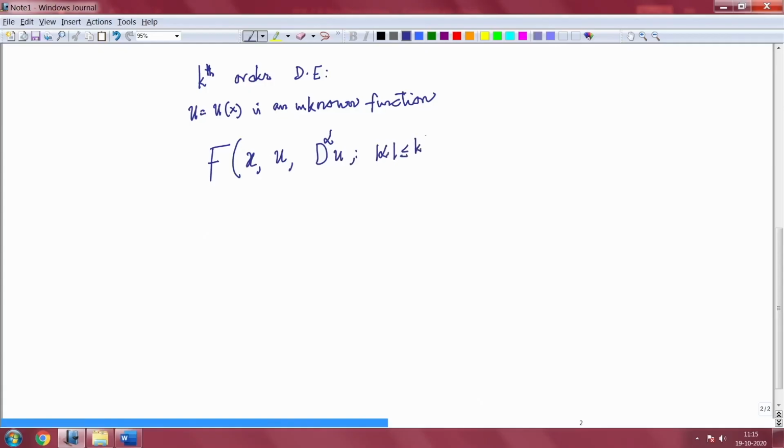So, up to kth order derivatives, and if at least one kth order derivative appears, then it becomes a kth order PDE. This will be equal to 0.